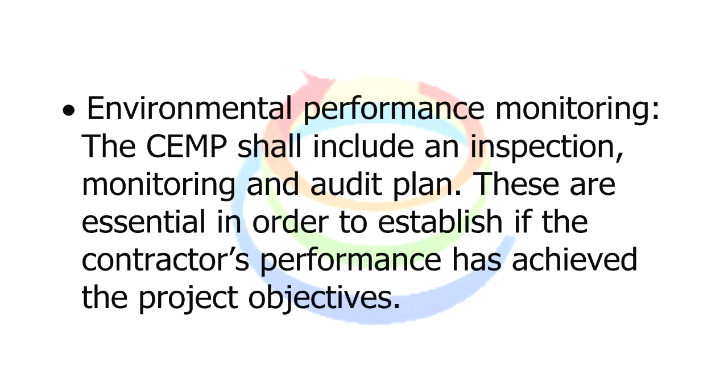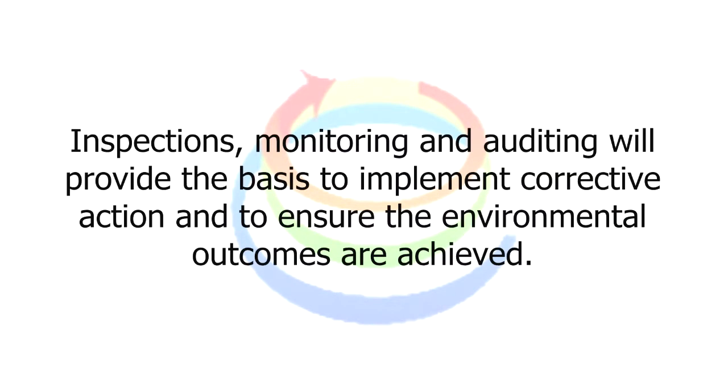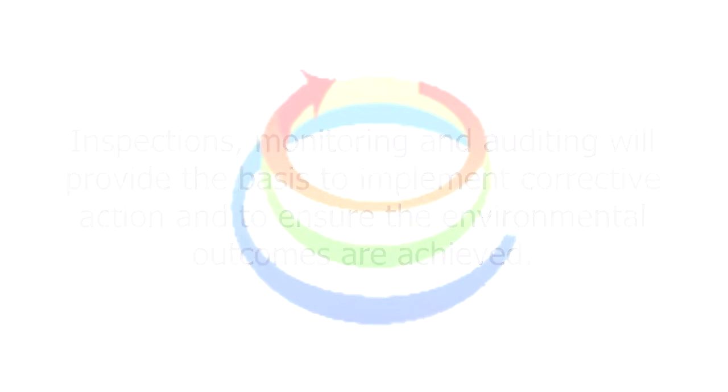These are essential in order to establish if the contractor's performance has achieved the project objectives. The contractor's EMP must be relevant to the site activities and effectively implemented and managed. Inspections, monitoring, and auditing will provide the basis to implement corrective action and to ensure the environmental outcomes are achieved.